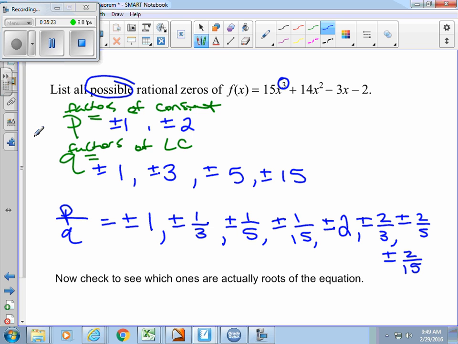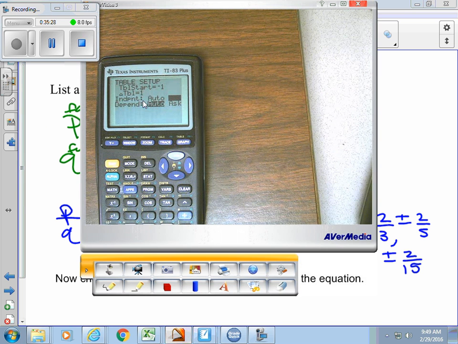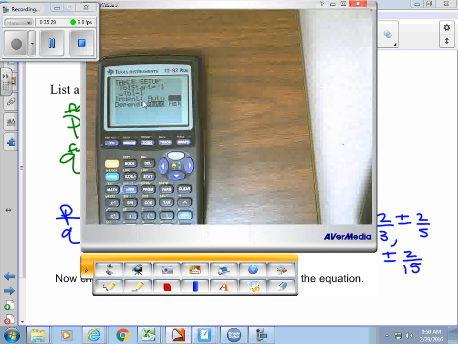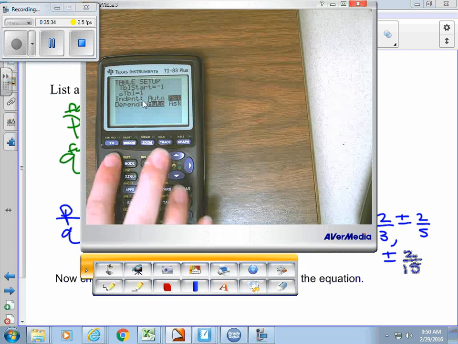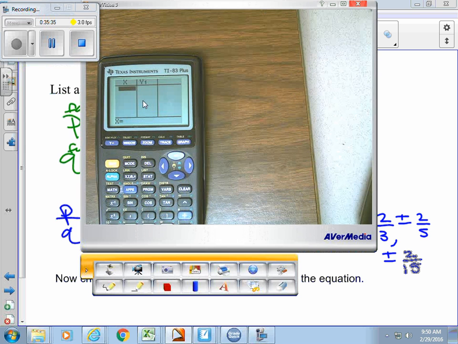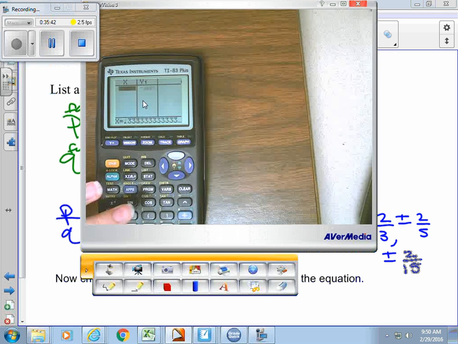Make sure your table is set up where you can type. If it's not, remember you go to your table setup and put your independent variable on ask. Then go to your table and start typing those numbers in. Type in 1/3 and -1/3.